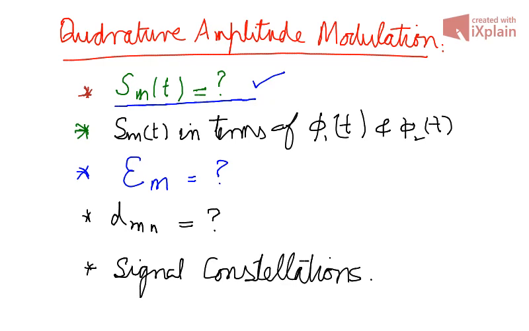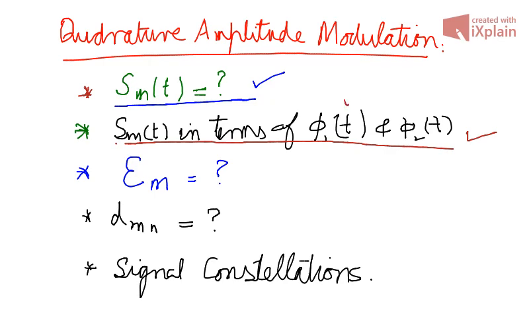Then we will move forward to represent our Sm of t in terms of phi1 and phi2. You are familiar with this phi1 of t and phi2 of t. These are orthonormal basis functions, right?